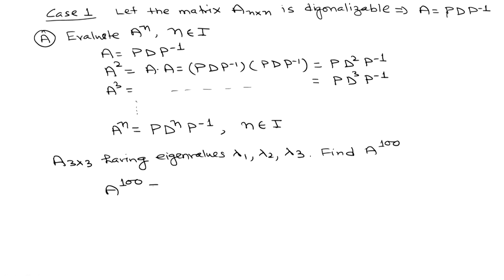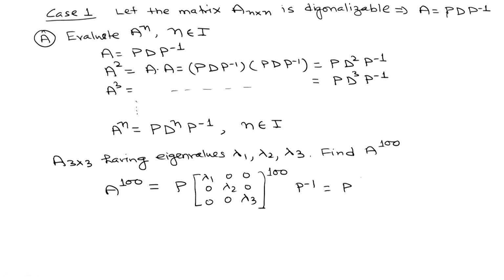A raised to power 100 will become P, which is the modal matrix for A, and then the diagonal matrix D with entries lambda 1, lambda 2, lambda 3, D raised to power 100, into P inverse.